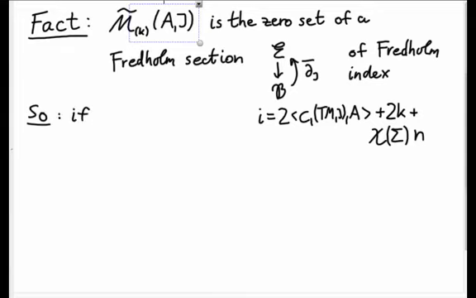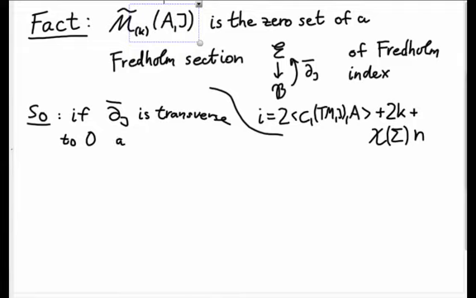If this d-bar operator is transverse to the zero section, then this cuts out a nice, smooth manifold of this dimension. But then we still want to quotient by the automorphism group.